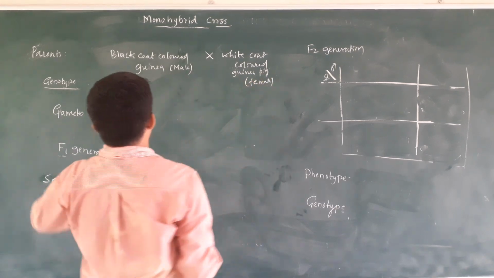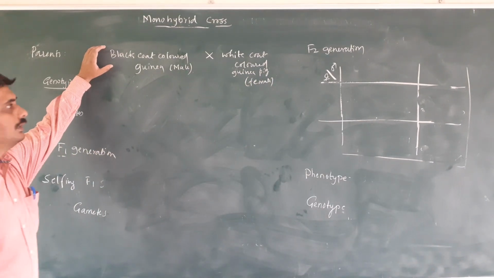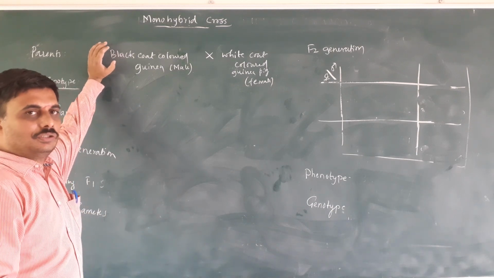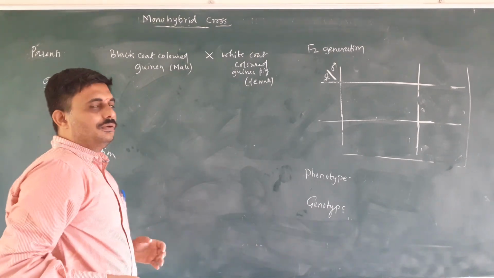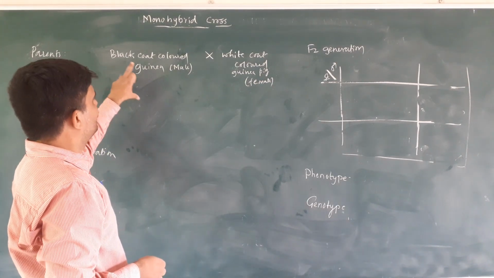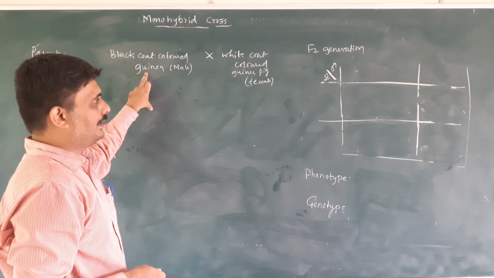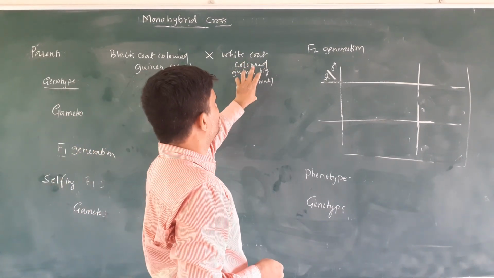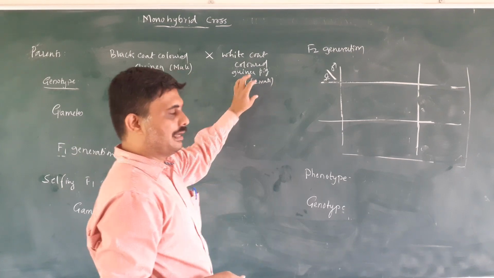So he crossed them to understand the inheritance of a single gene. One more example we are going to study: the black coat colored male guinea pig is crossed with the white coat colored female guinea pig.